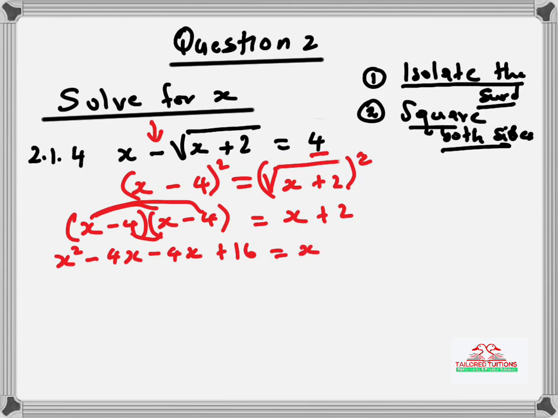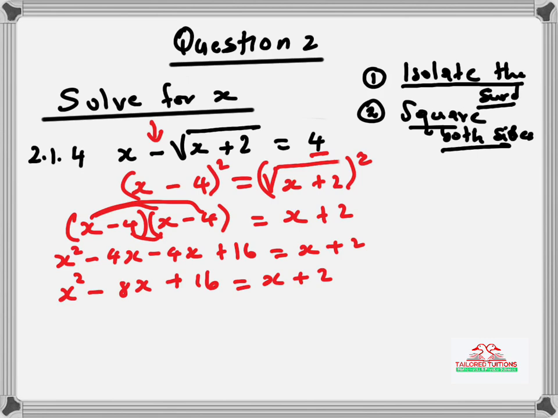This side we have x plus what? X plus 2. Now let us transpose and add the like terms. We have x squared minus 8x plus 16 equal to x plus 2.